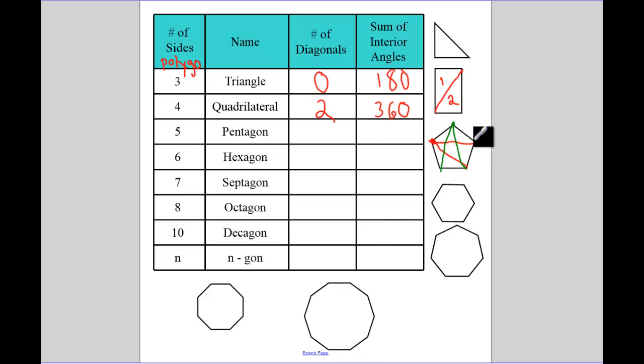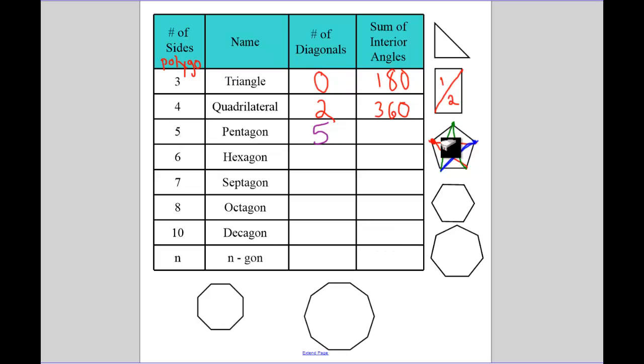Then I have this one here is paired with this one. Well, that one's already taken care of. Or this one down here, so that's 5. Now let's look down here at this next one. Well, this diagonal, I have duplicates. This next one is again another set of duplicates. So for our pentagon, we only have 5 diagonals.